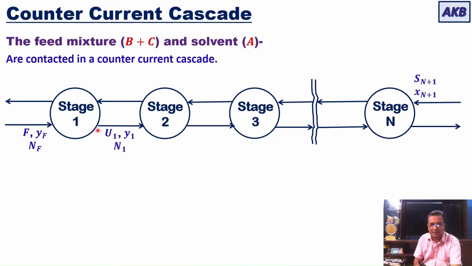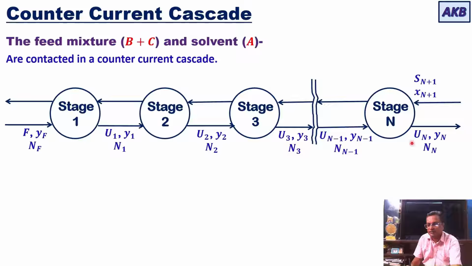So this is the underflow that is coming out of stage number 1, underflow coming out of stage number 2, underflow coming out of stage number 3, then underflow that is coming from the n-1 stage, and now it is entering the nth stage. And finally, you have underflow that is coming out of the nth stage. Then you have overflow that is coming out of the nth stage.